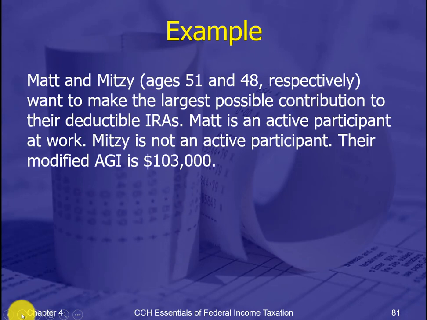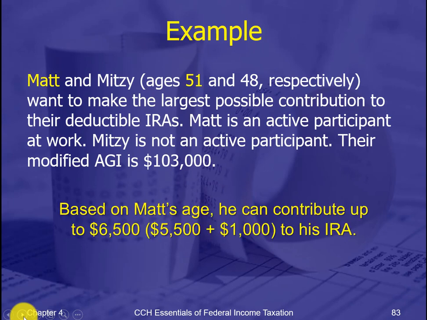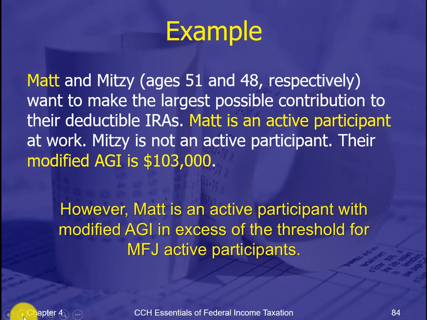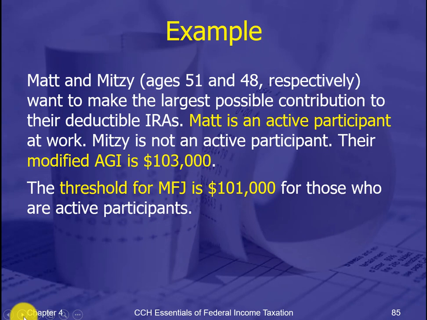So, Matt and Mitzi, okay, want to make the largest possible contribution. Mitzi's not an active participant, Matt is. AGI is 103. Let's look at Matt. Okay, he can make $6,500 because he's over 50. He's active, so he's going to have a phase out. Threshold is 101.